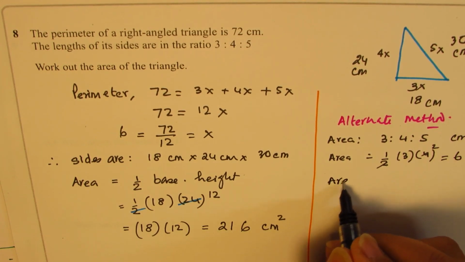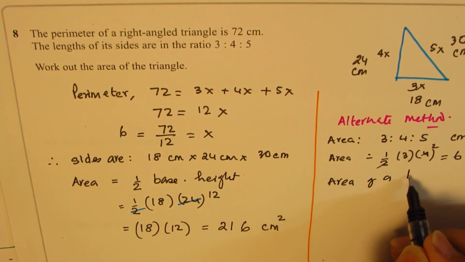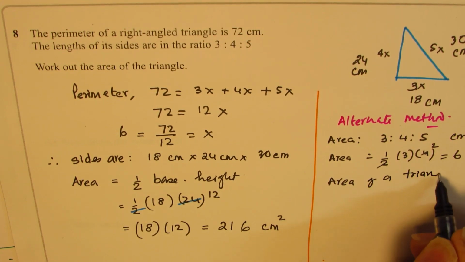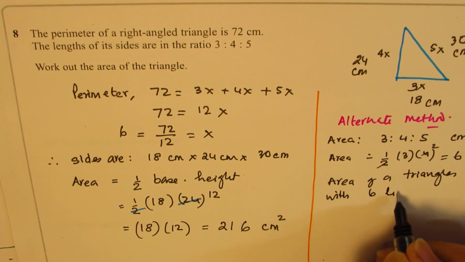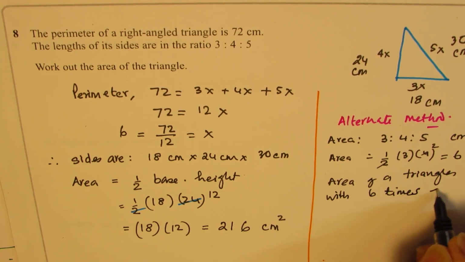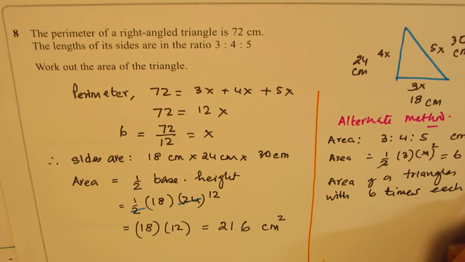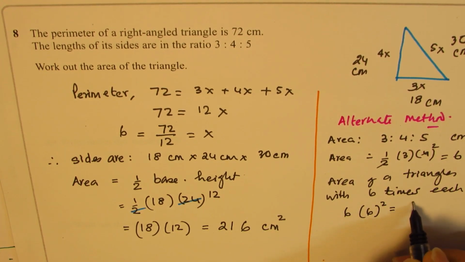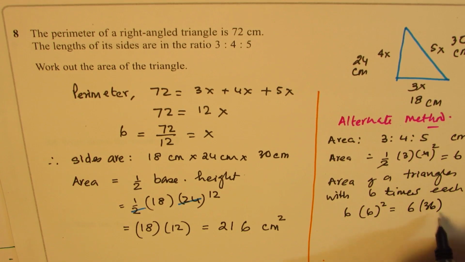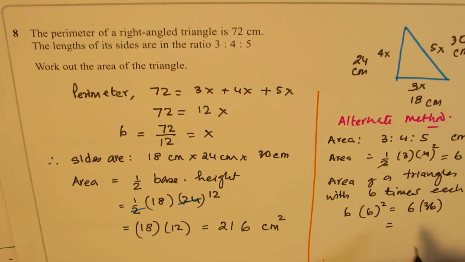So the area of a triangle with 6 times each side will be 6 times 6 square, right? So which is 6 times 36. And that will also give you 216 centimeters square.